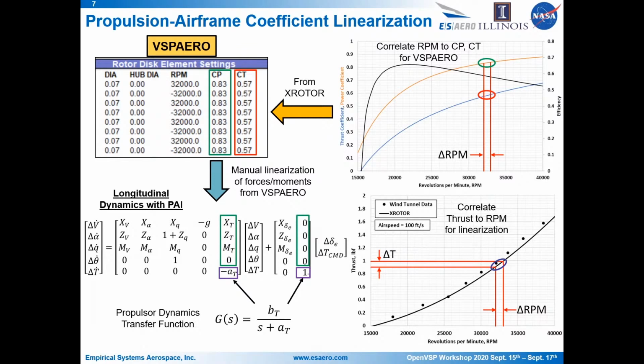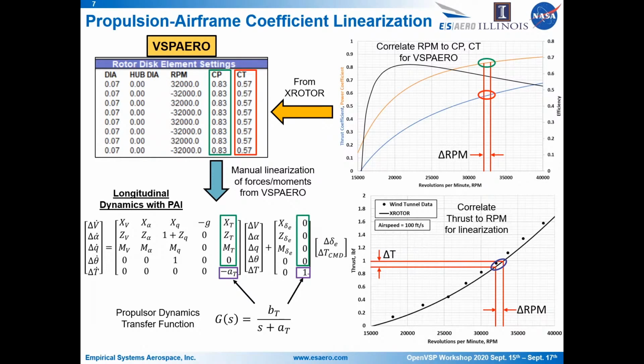And what that allowed us to do is to run two different flight conditions to produce that delta, and then linearize forces and moments about those to get the stability derivatives, quote unquote, for the propulsors shown in green.